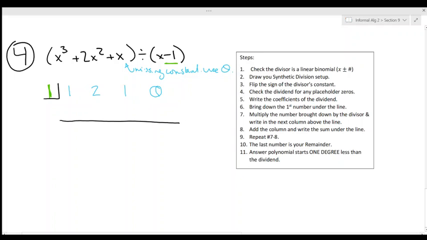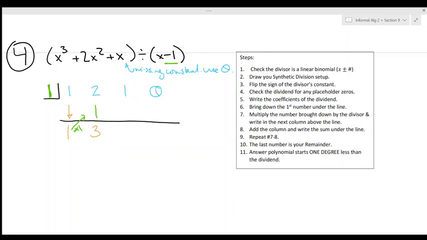All right, now we can start synthetically dividing. So we're going to bring down that first number, which is a 1. And we have to do 1 times our synthetic divisor. So 1 times 1 is 1. 2 plus 1 is 3. Then we have to take 3 and multiply it by the synthetic divisor.